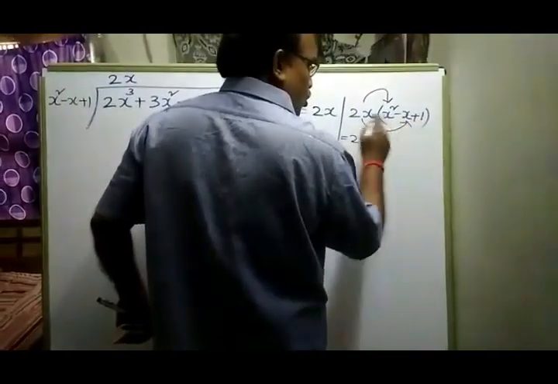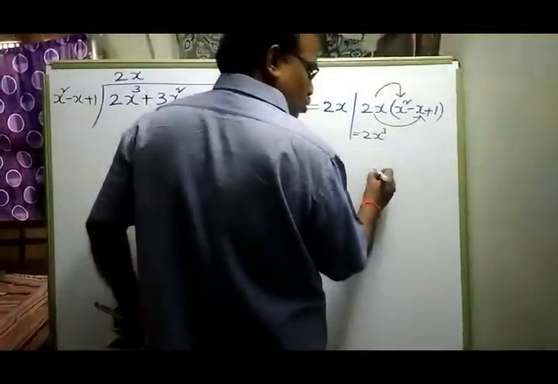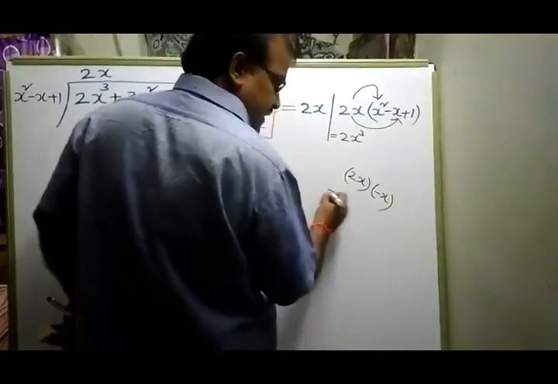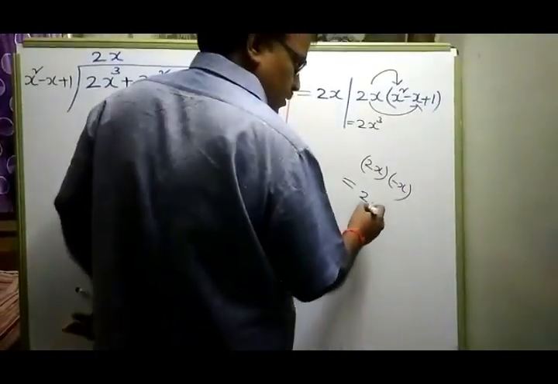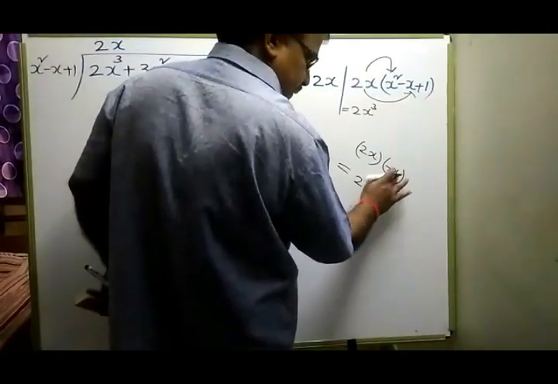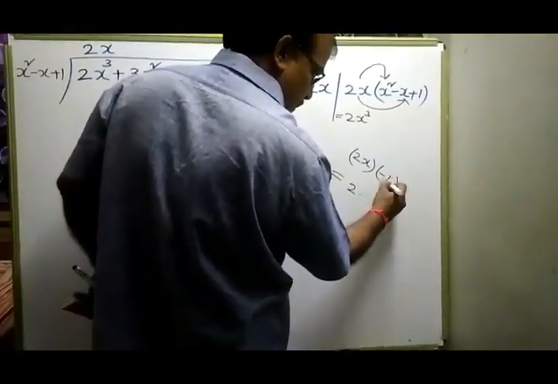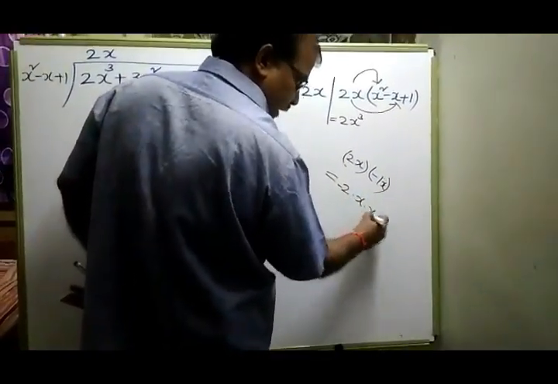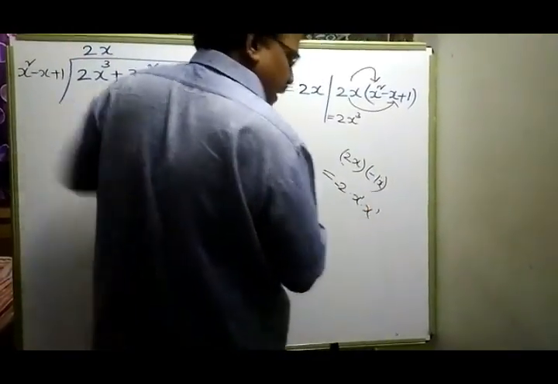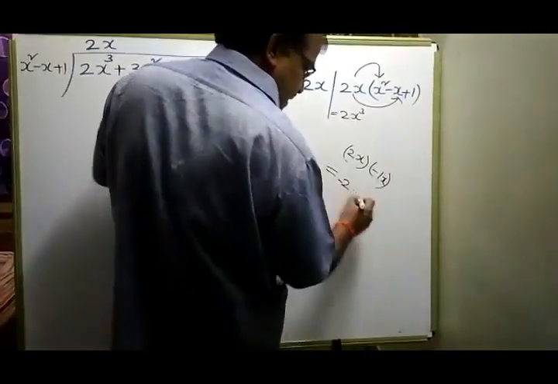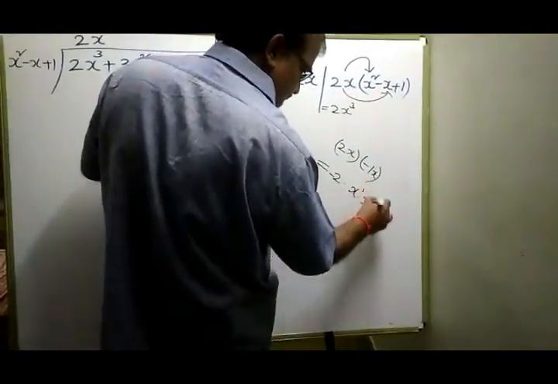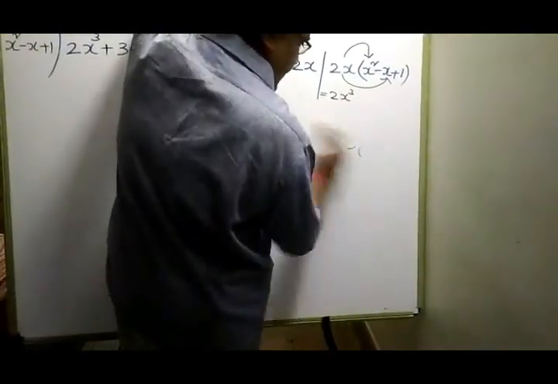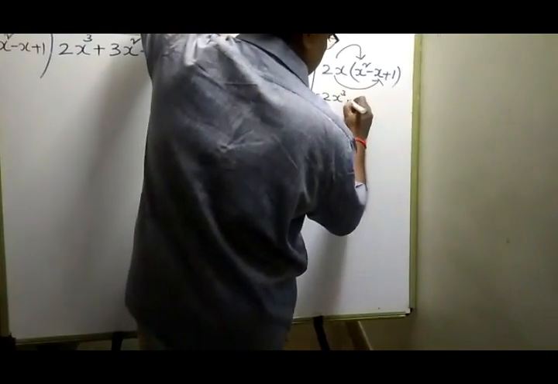Now 2x into minus x, that is nothing but 2 into minus 1 is minus 2, and x into x is x square, by the exponential formula. Minus 2x square.